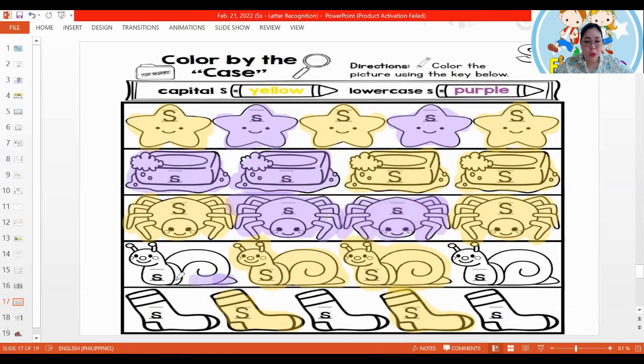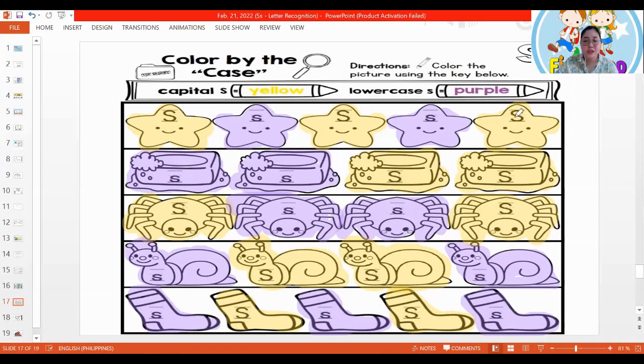We have our lowercase letter s snail. And lastly, our lowercase letter s socks. So we have 1, 2, and last one, 3. So we colored everything. Did you also color everything?